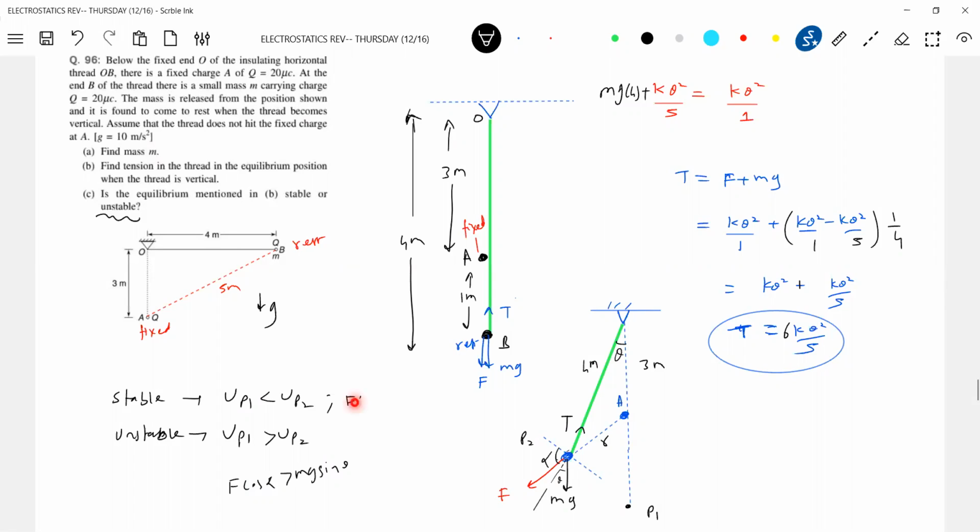In terms of force, only you have to check this. Okay, check mathematically. Which condition? The answer is given as this one.